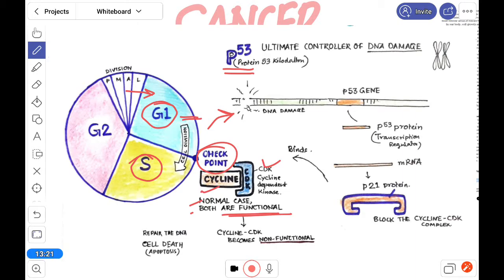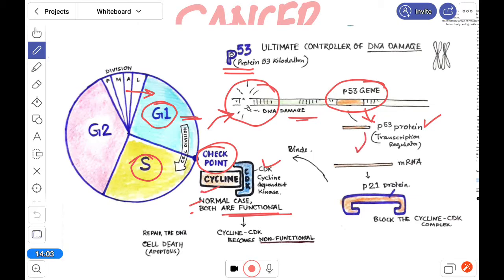When both are functional, the cell is allowed to go from G1 to S phase, so cell division will go normally, and the cell can divide in normal rhythm. But in case of DNA damage, what will happen? The P53 gene will become active and form the P53 protein, which is actually a transcription regulator.